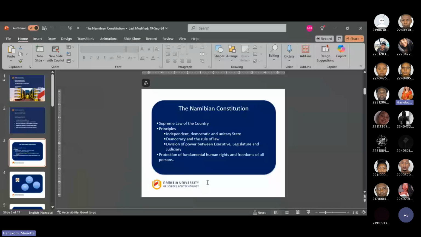It starts off by setting out the principles on which Namibia is founded: the fact that it is an independent, democratic, and unitary state. There's only one government. It is a democratic state based on the concepts of democracy and the rule of law.